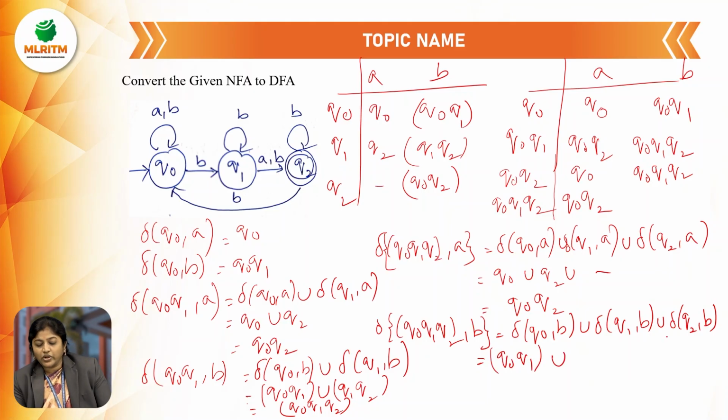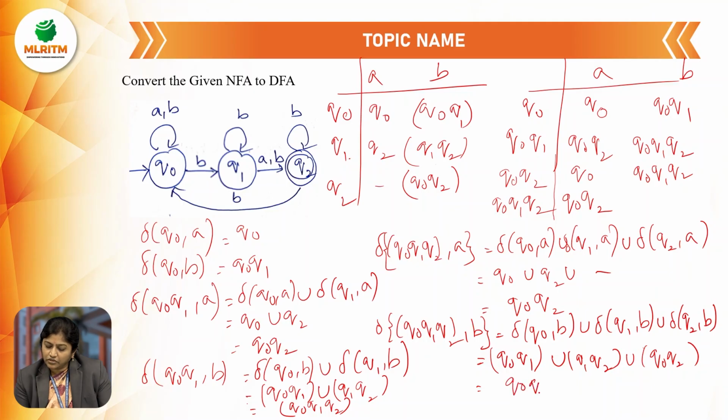Union Q1 on B, which is Q1, Q2. Union the transition of Q2 on B, which is Q0, Q2. So the union of all this will be Q0, Q1, Q2.